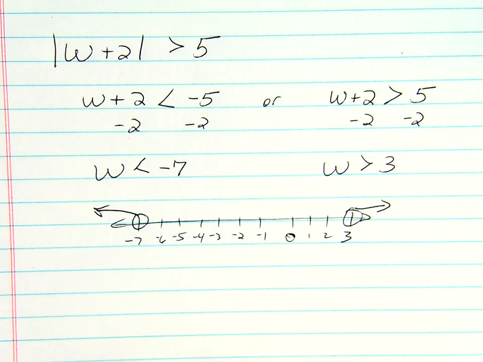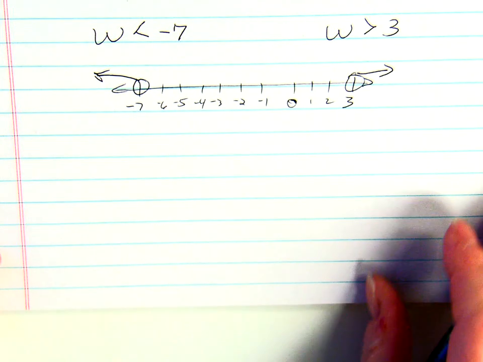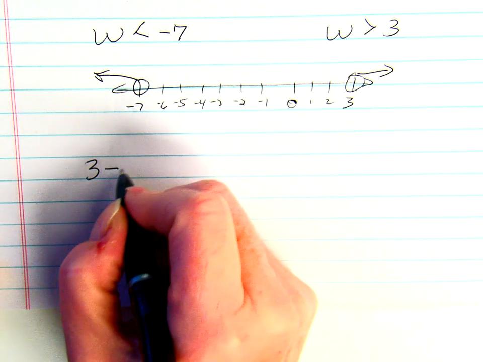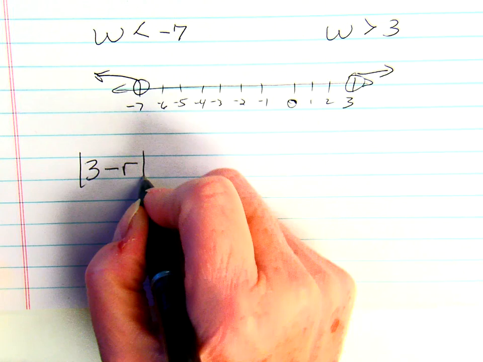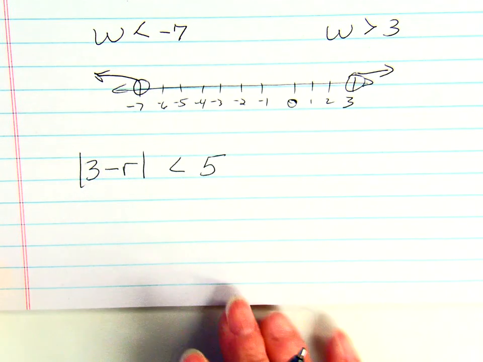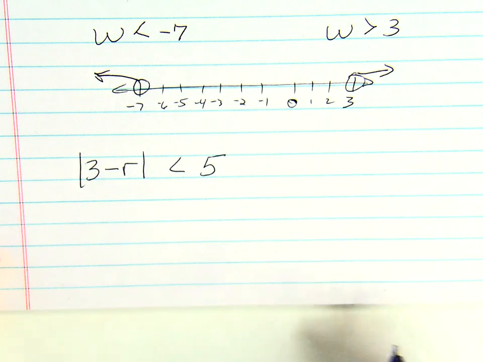Let's say we are doing the absolute value of 3 minus R is less than 5, oh, another 5 answer.